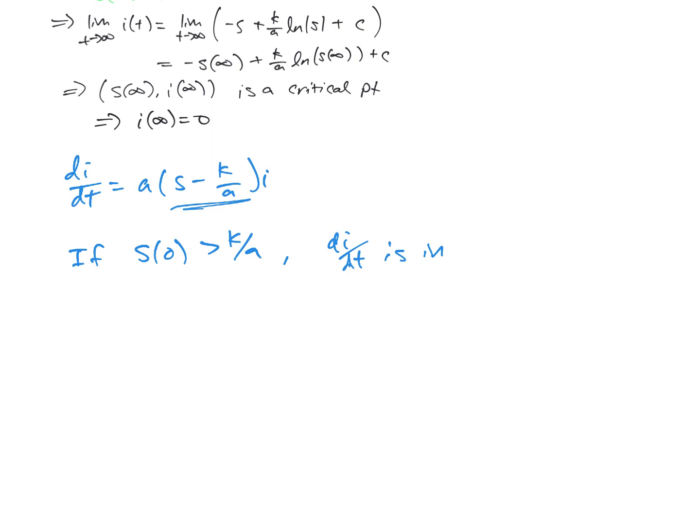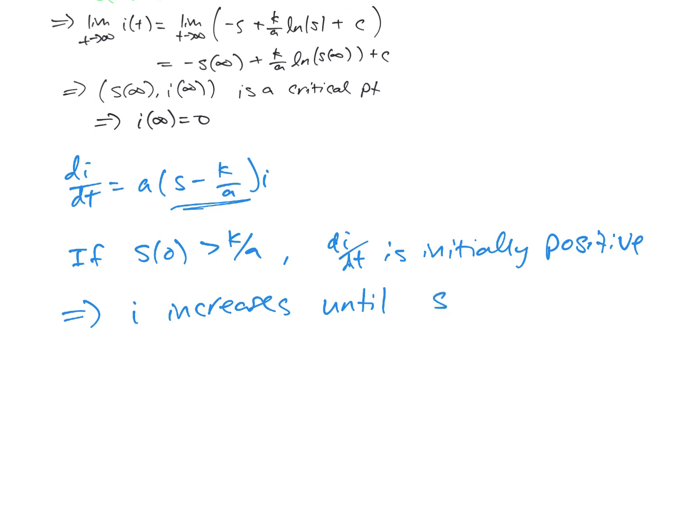Because this quantity would be positive. So that means that the number of infected people is going to increase until the number of susceptible people drops down smaller than k over a, and then I starts decreasing again.